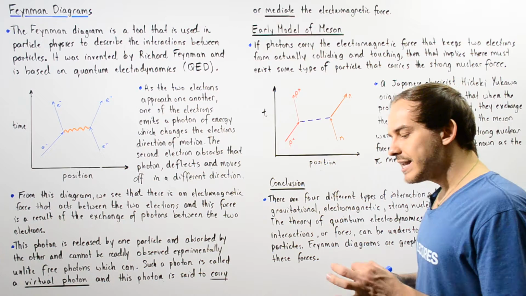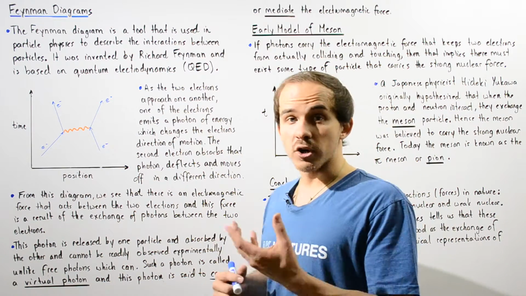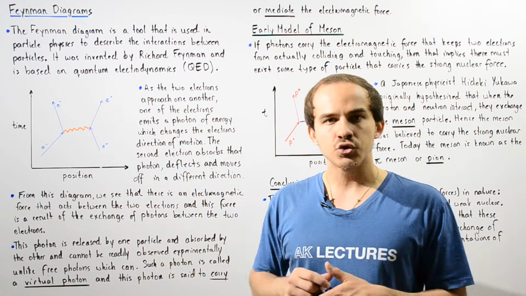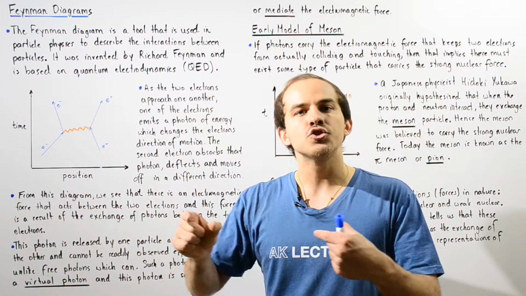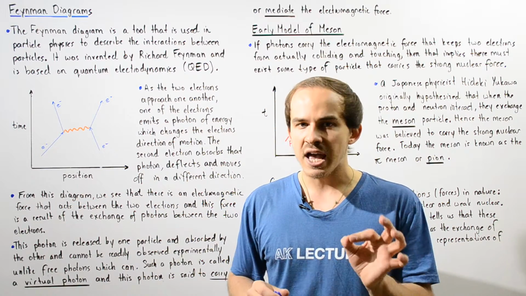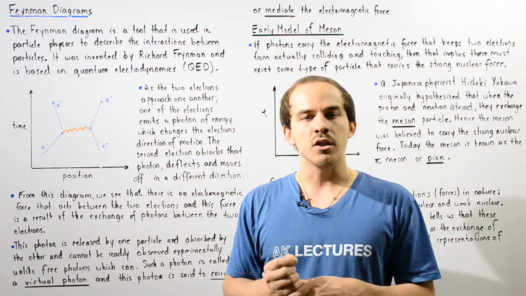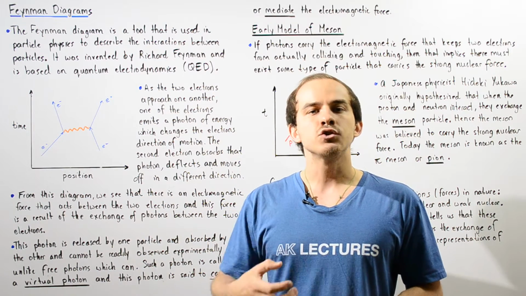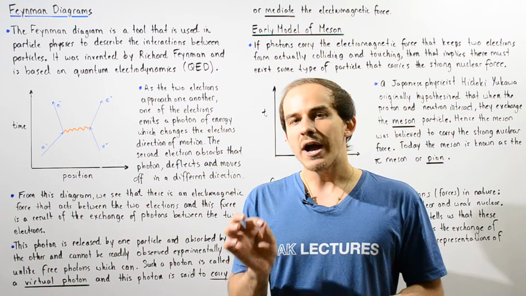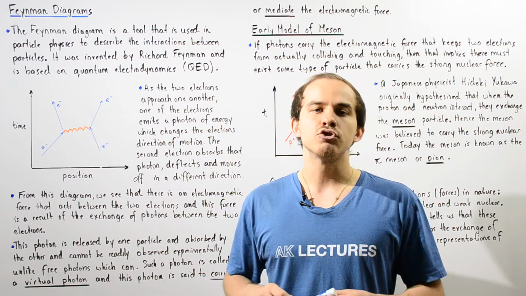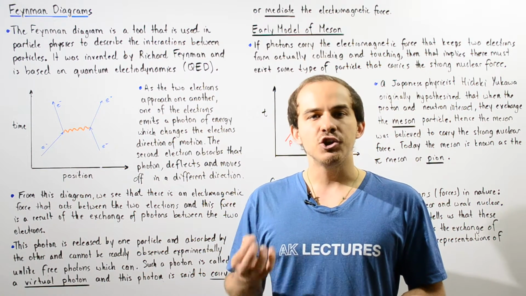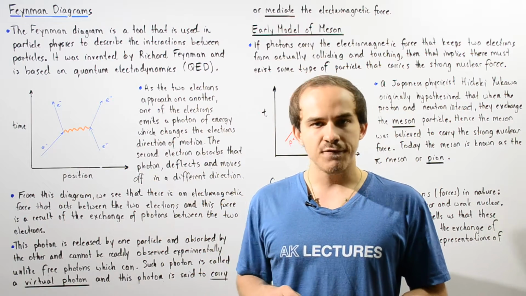So we know that from classical physics, for example, if we take two electrons, those two electrons will repel one another, and we say that they repel one another as a result of an electromagnetic force. And the way that we represent that electromagnetic force is by using electric and magnetic fields.